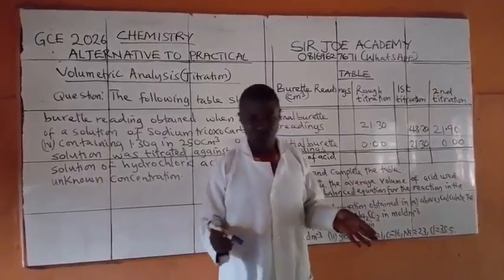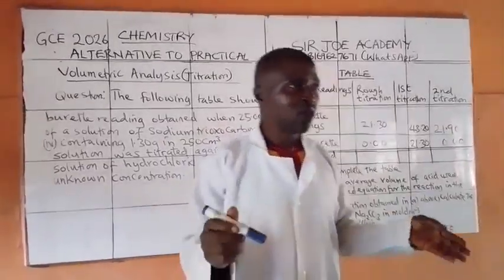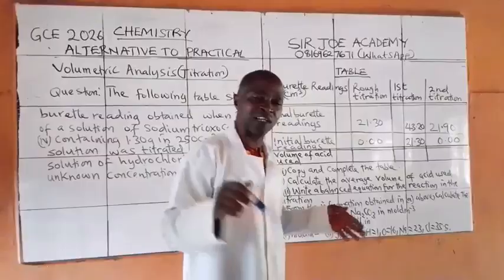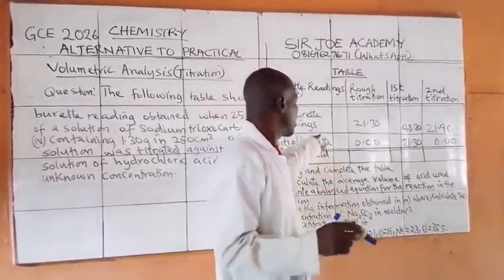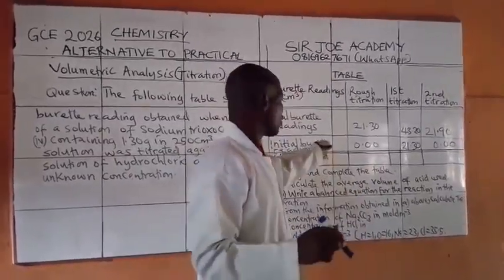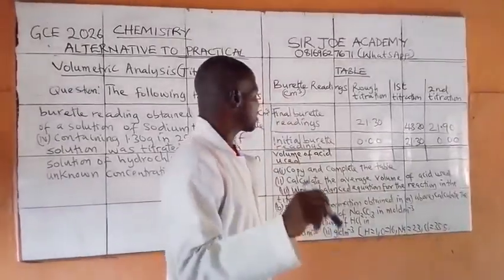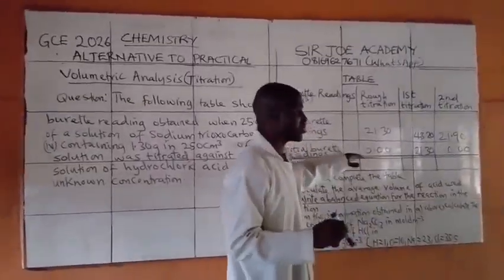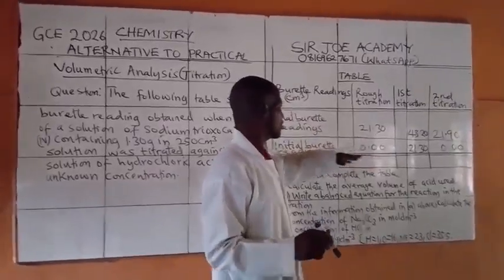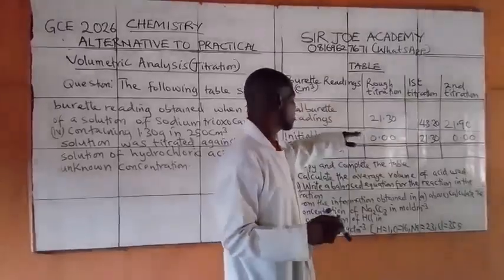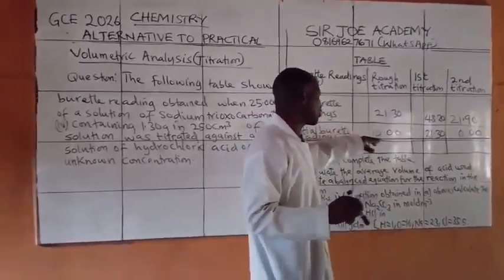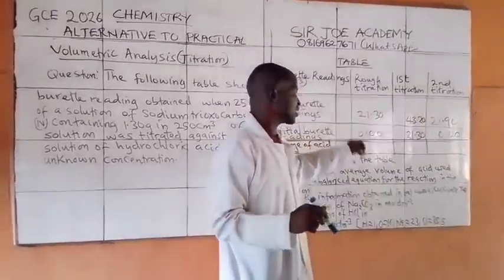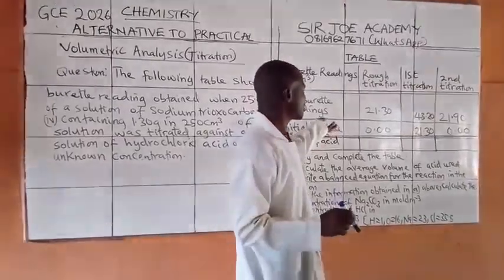It means that when the acid was filled into the burette, it was filled to the level of 0.00 cm³. Then when the titration was going on, the color changed from yellow to pink at 21.30 cm³.